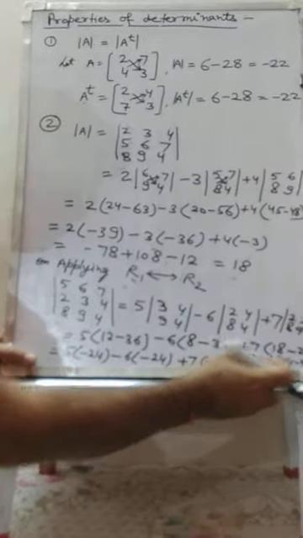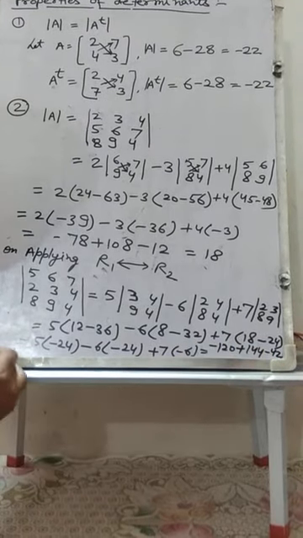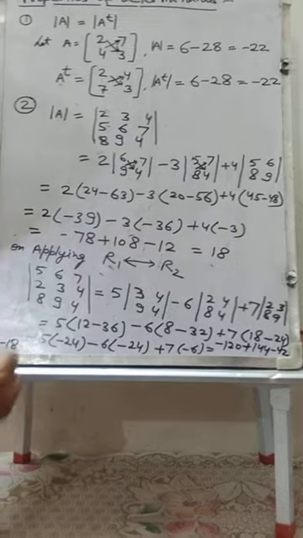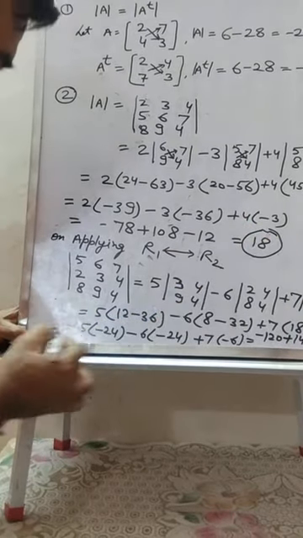So the value is minus 162 plus 144, that is equal to minus 18. It means the sign of the determinant has changed.